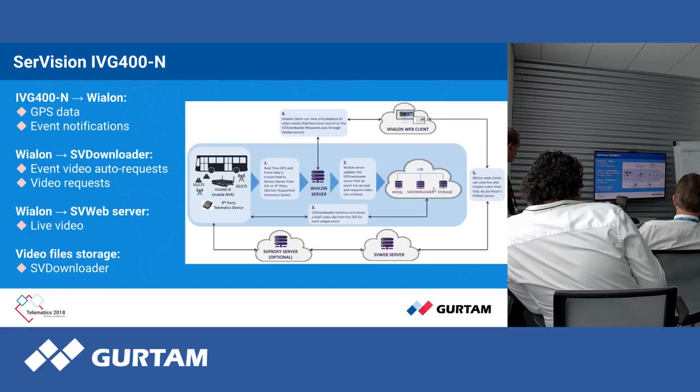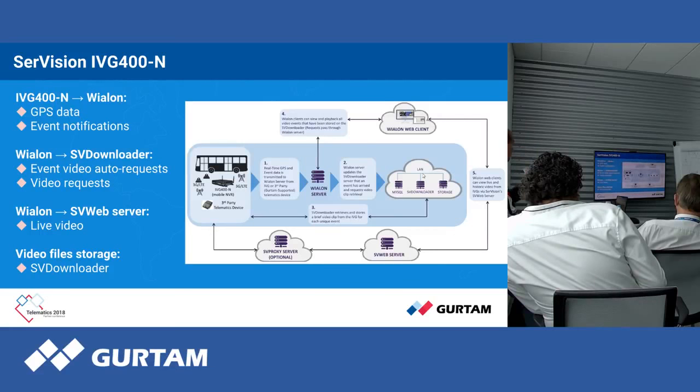But of course, according to this scheme of communication, you need two kinds of servers installed. The first is the Savision downloader server for storing and requesting video files. And the next is the SV web server. In fact, they are just software, which is why they can be installed on one physical computer.